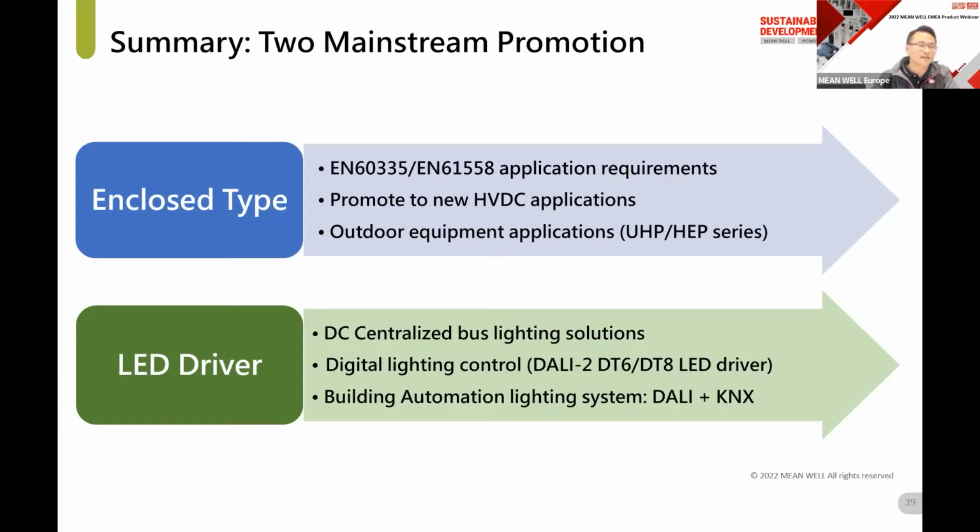It can also be combined with the DC centralized bus concept to build up the lighting system for the building. By the way, I just came back from Light and Building 3 weeks ago. We got a lot of positive feedback on the KNX product. If you have any questions or feedback, please feel free to share with us.